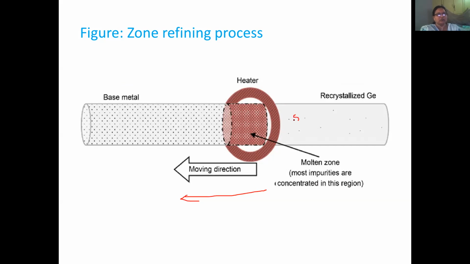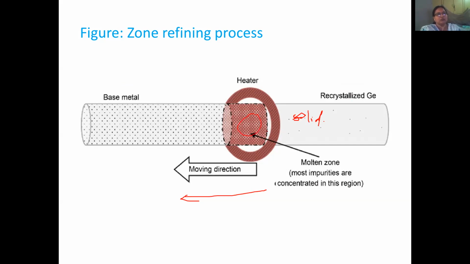Sorry, I'm not able to write clearly. This becomes the solid part, which does not have any impurities present in it. Then this is the melt part, and this melt part has impurities now.